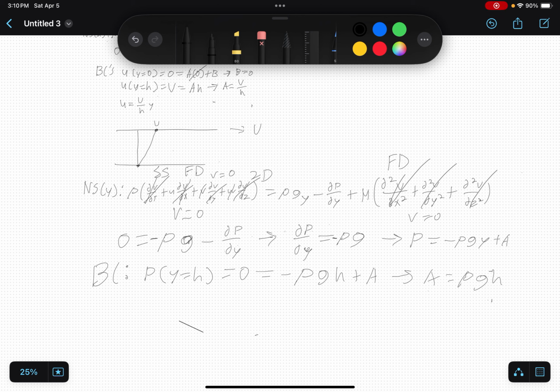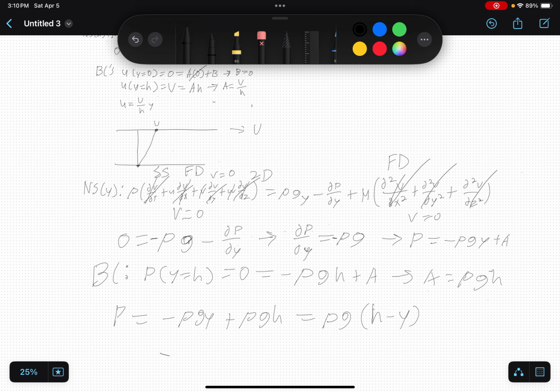So then we get pressure equals negative rho g y plus rho g h. And we could group stuff together and we'd get rho g times h minus y.